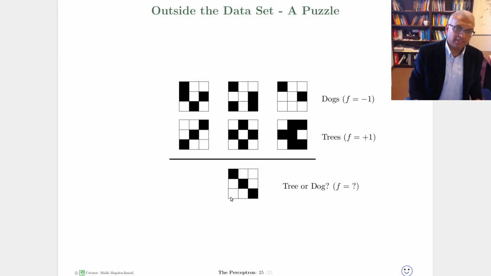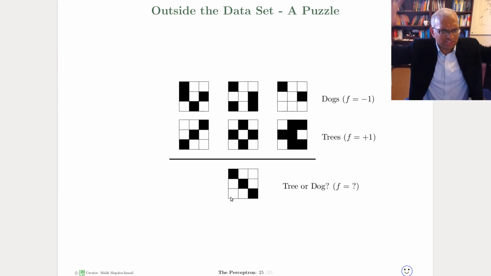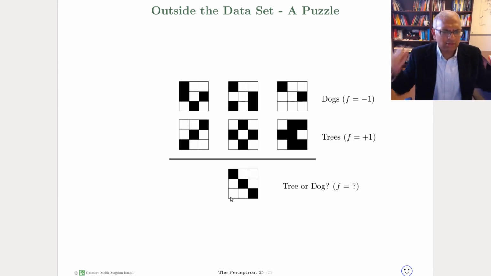So we said, well, let's not appeal to the theoretical perspective. Let's appeal to humans who are the world's best learners, and let's see what they say. And they don't agree. This is a problem. From the theoretical perspective, either could be right, and the world's best learners can't break that tie. They don't agree that it's a tree or a dog.